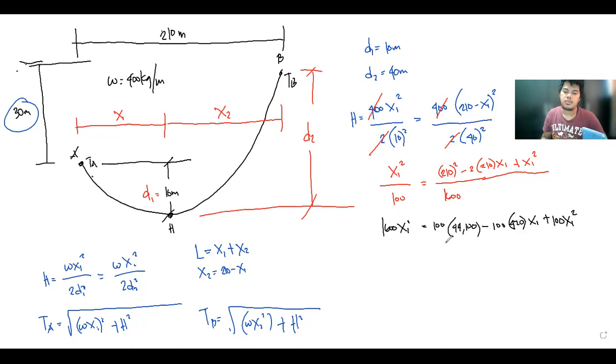Okay, so we rearrange this one. We have here 1,500 x1 square, so we subtract 100 from 1,600, and then plus 42,000 x1, minus 4,410,000, that is equal to 0.